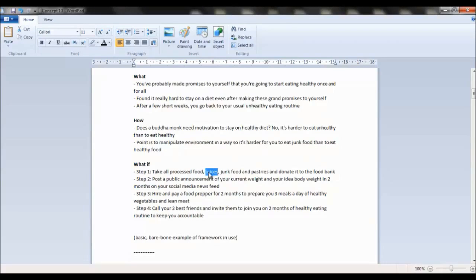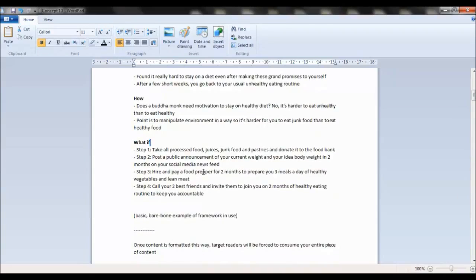So what is the step-by-step solution to the problem? Step 1, take all processed food, juice, junk food, and pastries and donate it to the food bank. Step 2, post a public announcement of your current weight and your ideal body weight in 2 months on your social media newsfeed to keep you accountable.